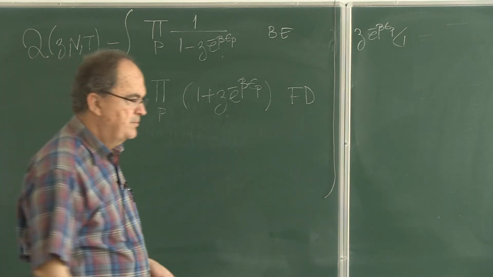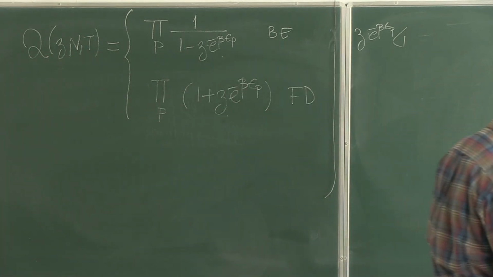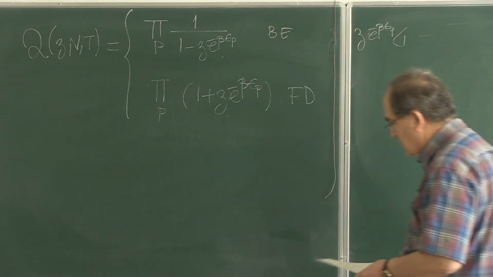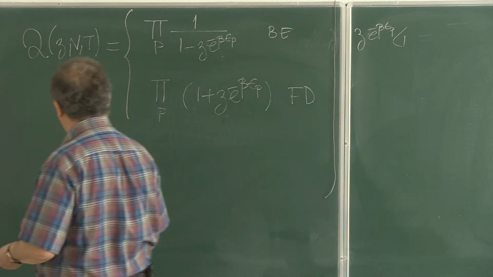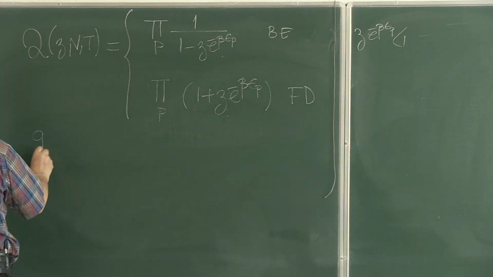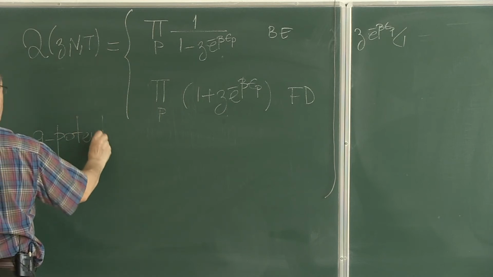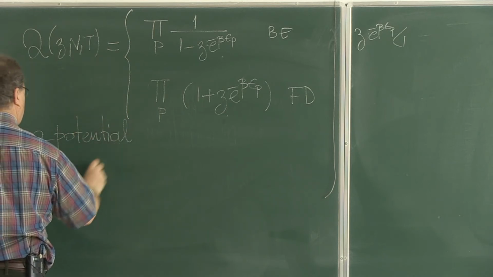Now, let's continue to get to the thermodynamics of these gases, at least get ready for it. Okay? The Q potential, for example, is what is needed to get the thermodynamics.